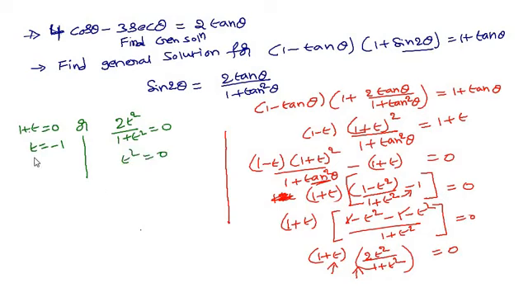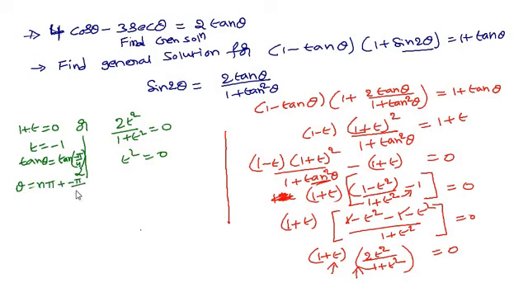So here you can see tan equals to negative 1. Tan equals to negative 1 means it will be at tan of negative pi by 4. That is very clear. So this is alpha. Now the general solution will be theta equals to n pi plus alpha.